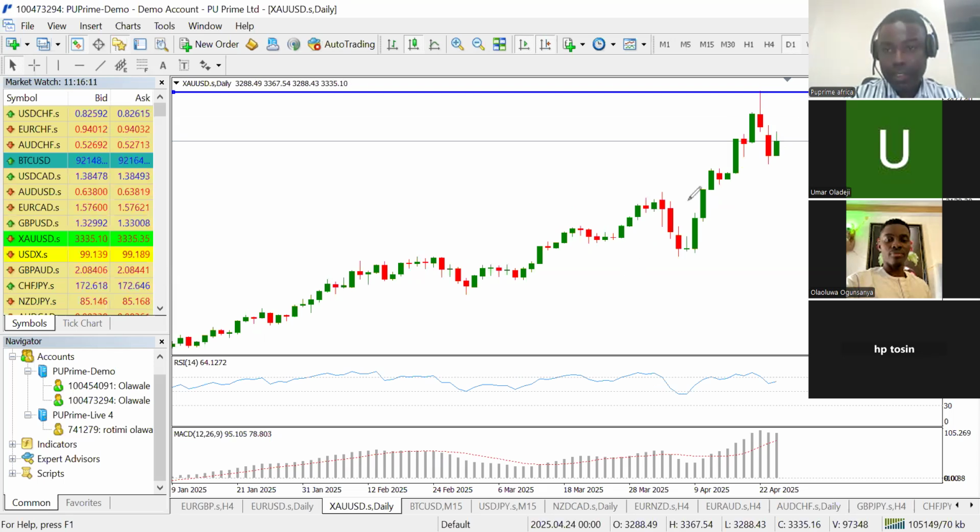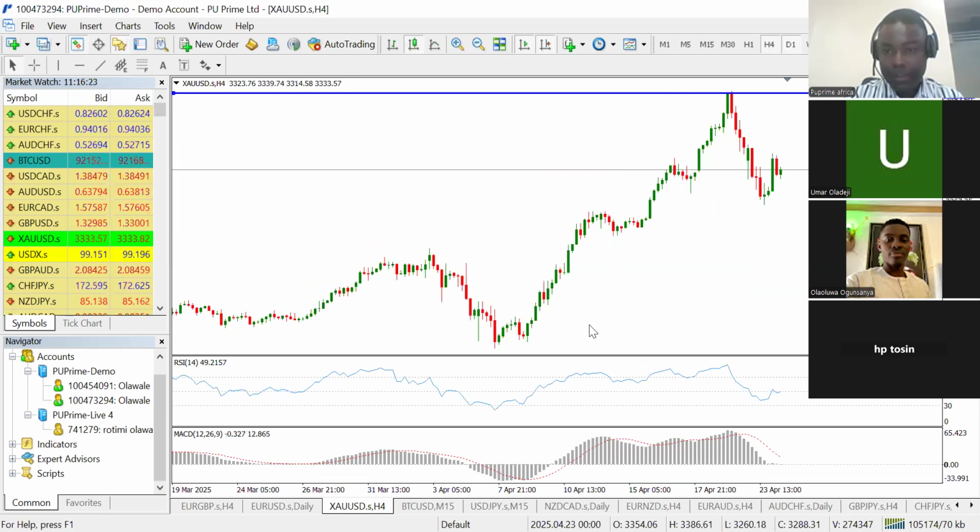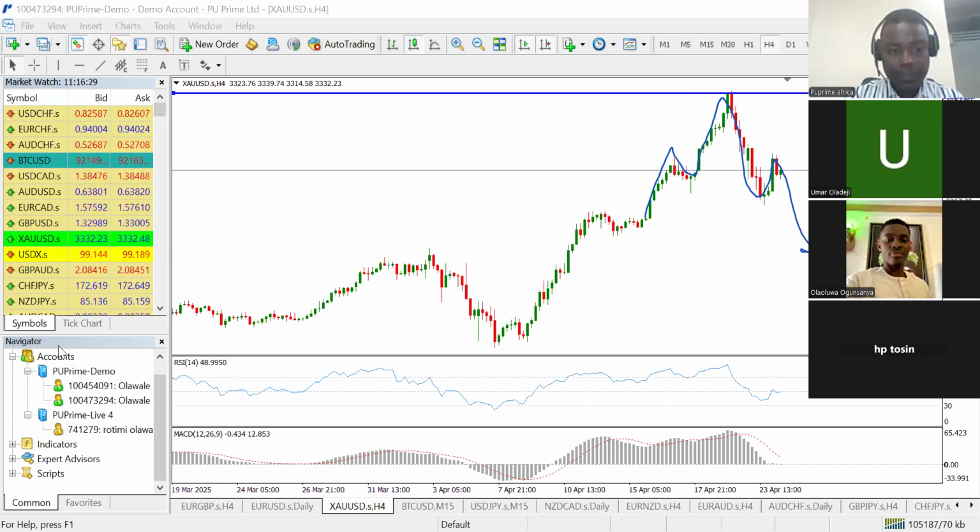Here we have a rejection candle that led to a drop yesterday. The green candle is today's movement. This is 4-hour. Now, from pure technicals, this is forming a head and shoulder, which may lead to a further bearish breakout. That's on pure technicals.